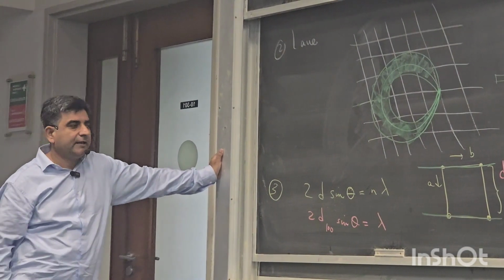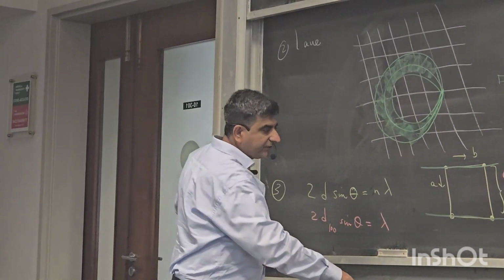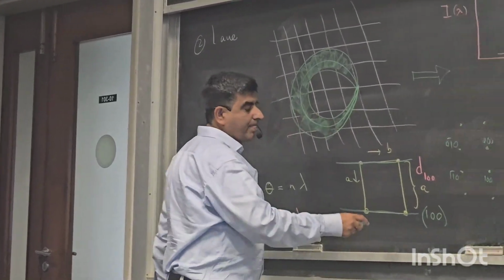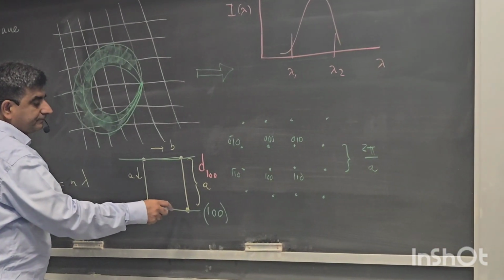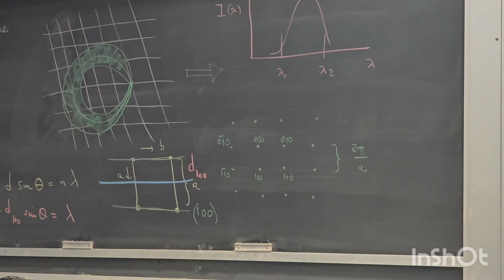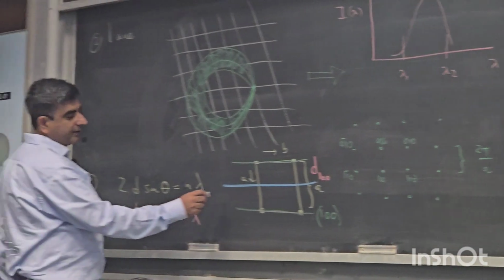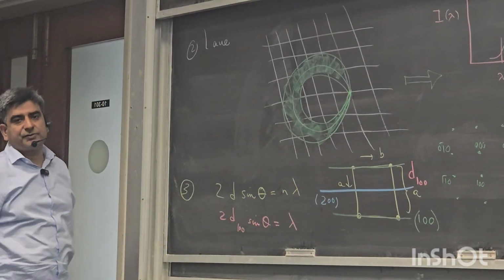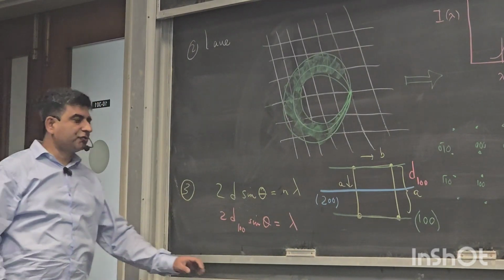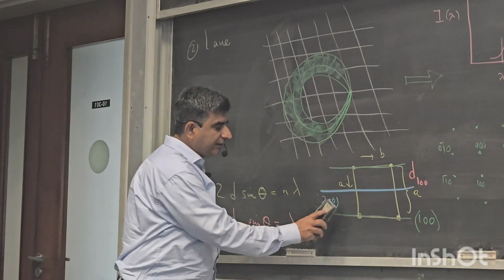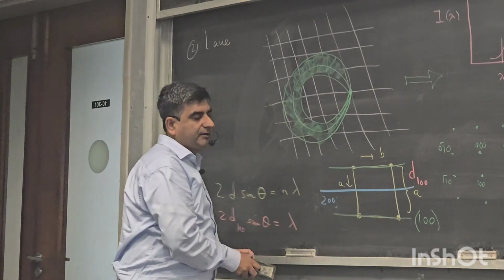Now suppose I have some fictional plane. No atoms exist here at the moment. It's a fictional plane with Miller indices 2, 0, 0. It's not a true lattice plane because there are no atoms here, so I wouldn't like to put the parentheses. So I just call this the 2, 0, 0 plane.